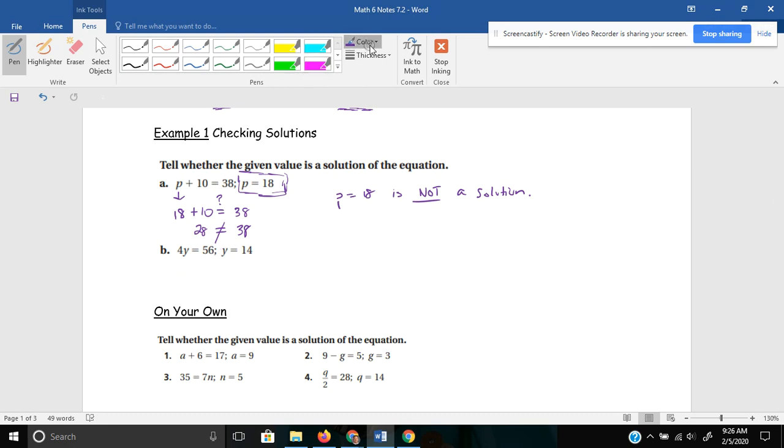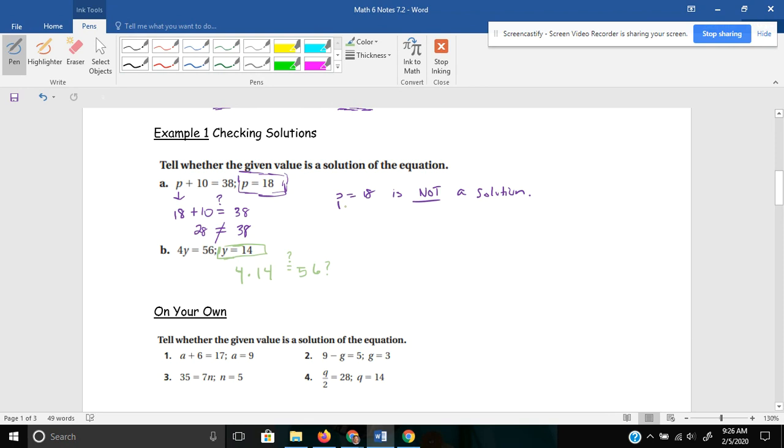Let's try it for letter B as well. It says 4 times y, remember when they're just next to each other like that, that implies multiplication, equals 56. And we want to test this for when y is equal to 14. 4 times y, and I know y is 14, does that equal 56?